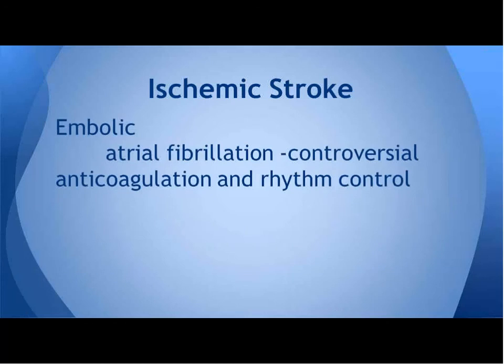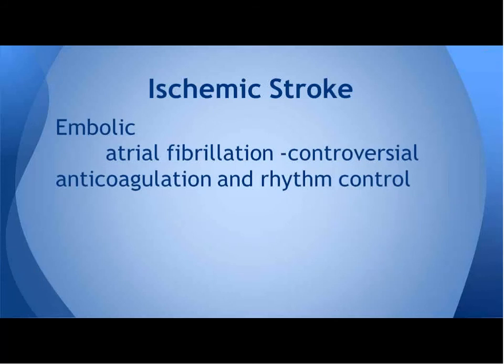Embolic stroke, again, more controversy. Atrial fibrillation is usually quite common, or you can have embolic strokes in the carotid. Controversial whether or not to anticoagulate these patients. The general rule of thumb: if it's a very small area and the patient remains in atrial fibrillation, anticoagulation would be appropriate.